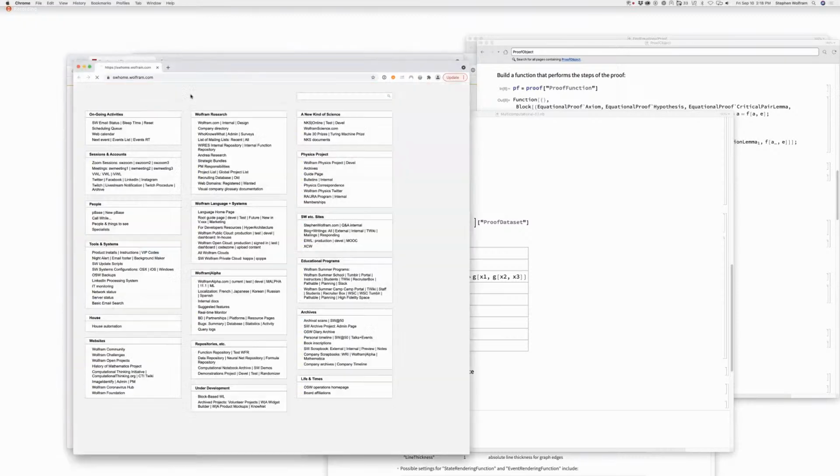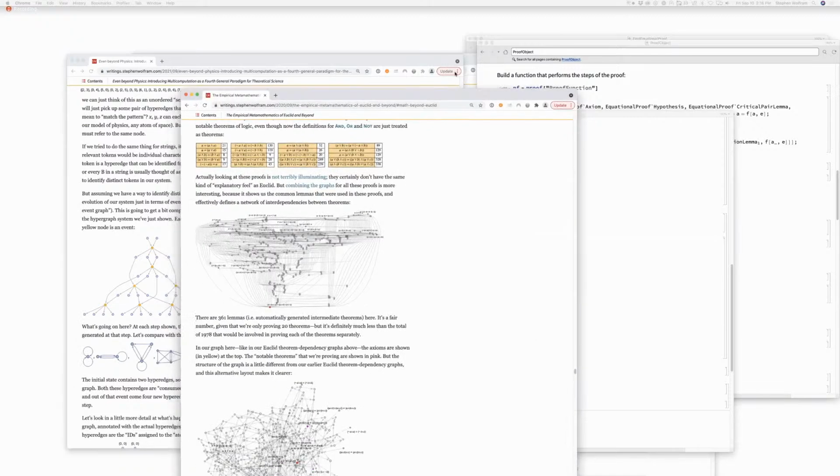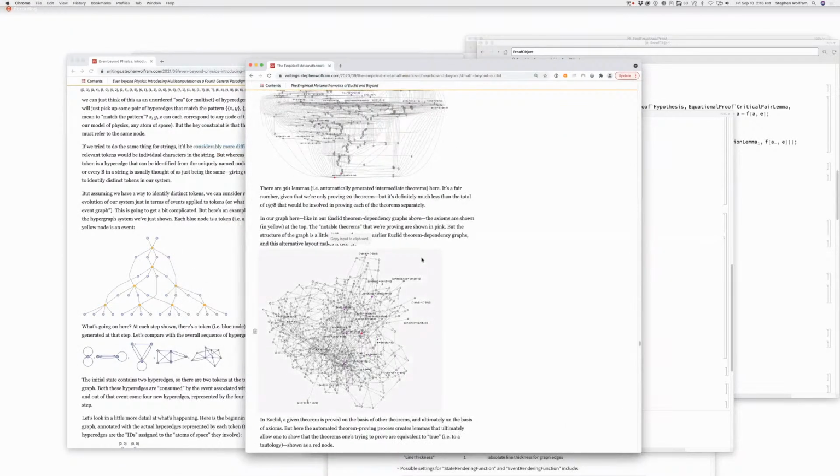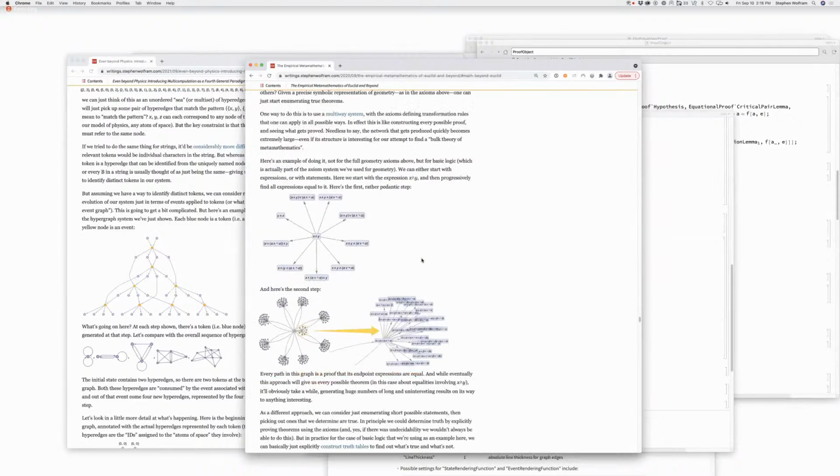For example, I made some recently. Let me just show you. Okay, these are for Boolean algebra.